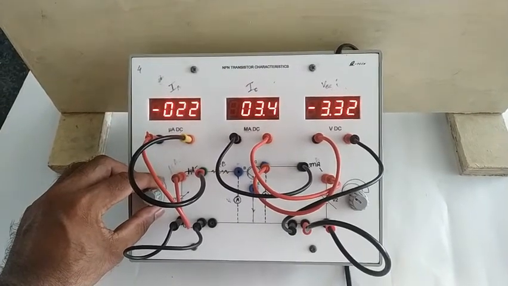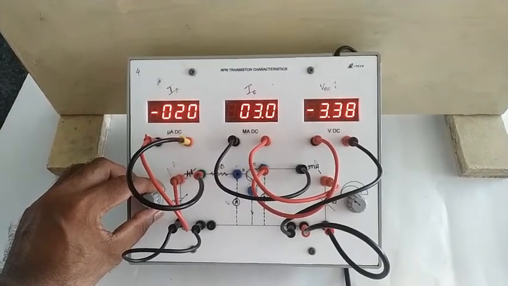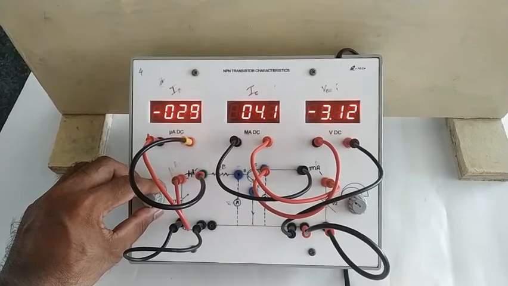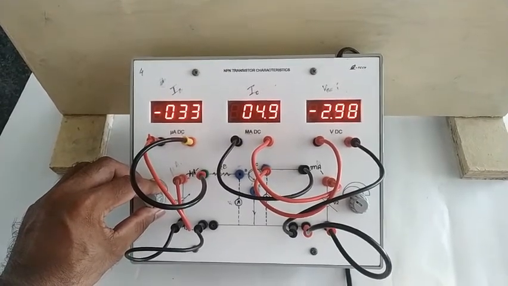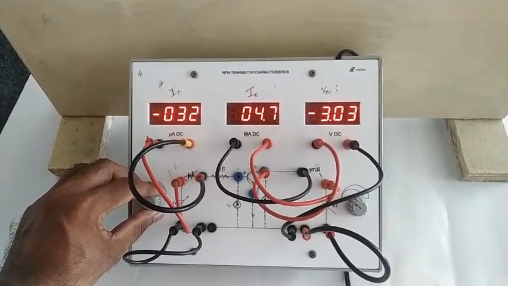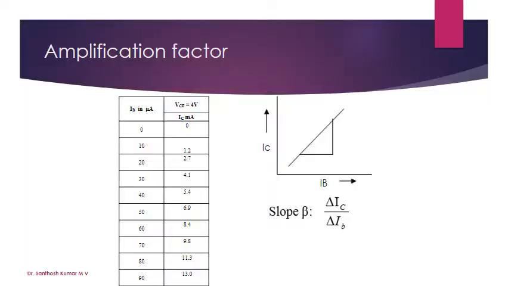Next 20 is 3.0. Next 30 is 4.7. Upon taking the amplification factor readings, you can see VCE is 4 volts. We have varied the base current in the range 0 to 90 microamps with a step of 10 microamps. We have noted the value of IC in the tabular column.